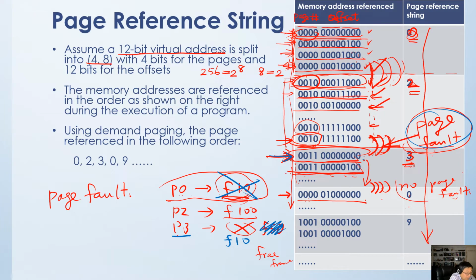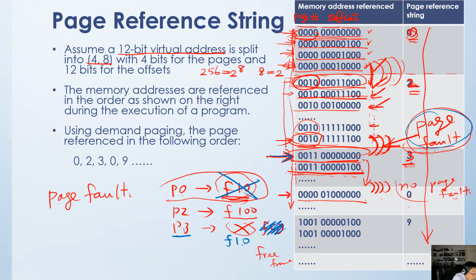Initially, page 0 is in frame number 10, but now not anymore, because in this page fault, page 3 will be loaded into frame number 10. So page 0 is going to be out.